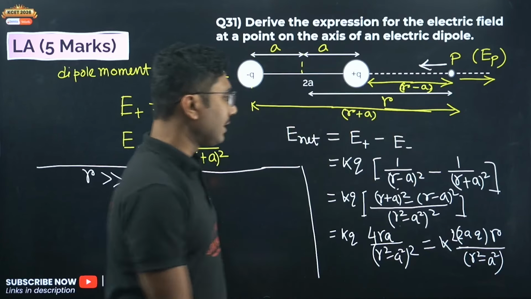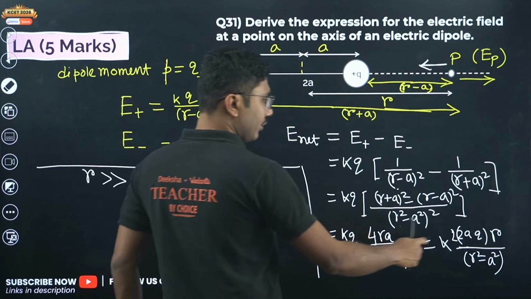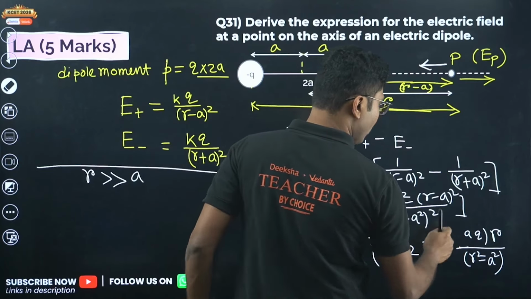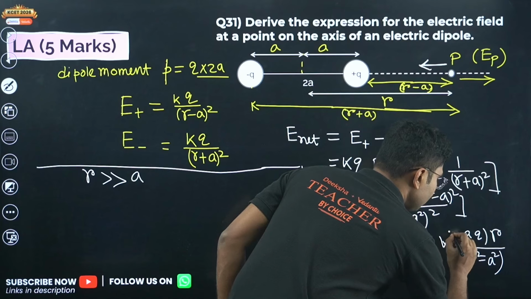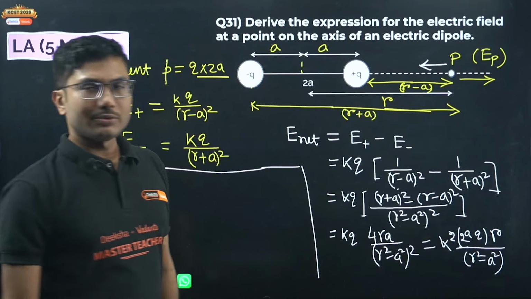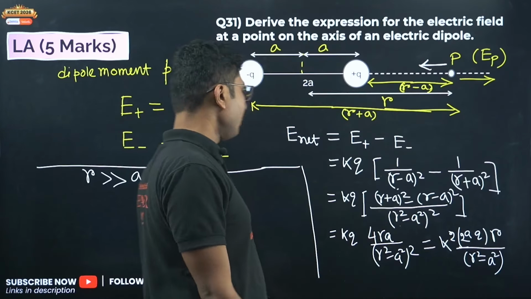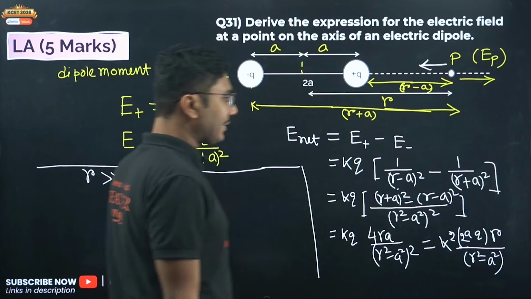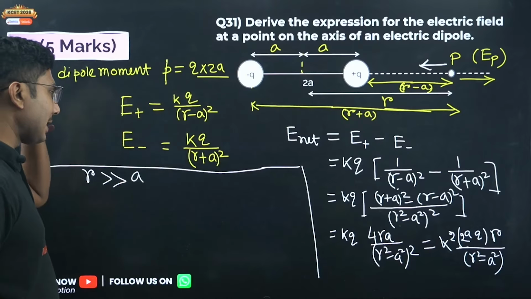So what have we done? We have broken this 4 into 2 parts. One 2 we have taken inside the bracket, and the other 2 is outside the bracket. Just a way of writing. 2 into 2, 4, still 4. And we have taken the assumption that the value of R is very, very bigger than A.